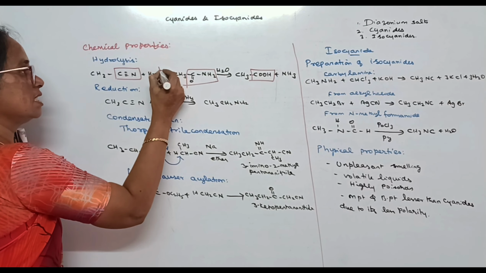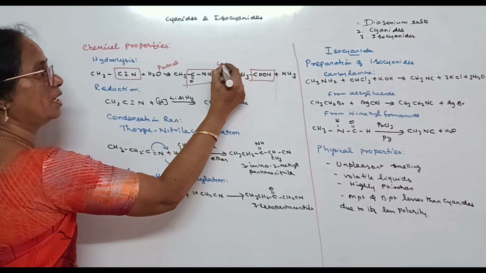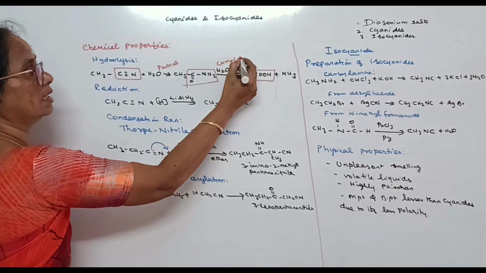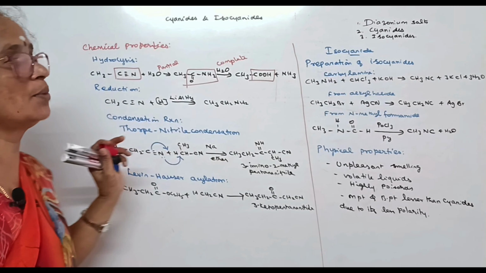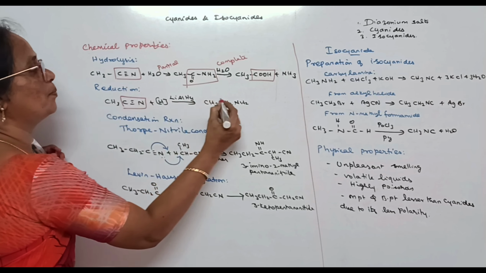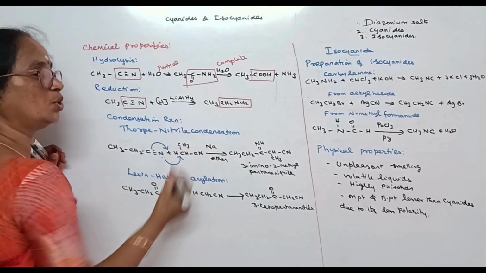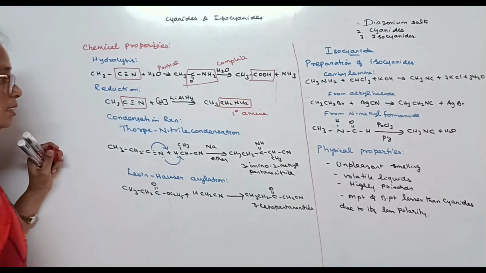So the first step undergoes partial hydrolysis, the second step it undergoes complete hydrolysis. So hydrolysis of cyanide gives rise to carboxylic acid. And reduction, where CN group is completely reduced to CH2NH2, so we will get primary amine.